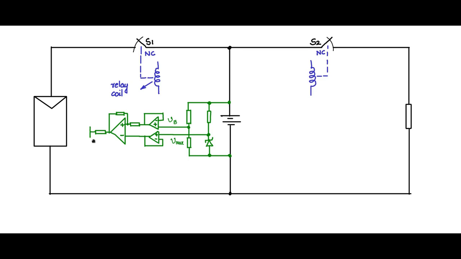Now the base of the transistor is driven by this op amp. You are connecting the emitter to the negative rail, and the collector is connected to this relay coil, and the relay coil is energized by the battery. So let me have that.